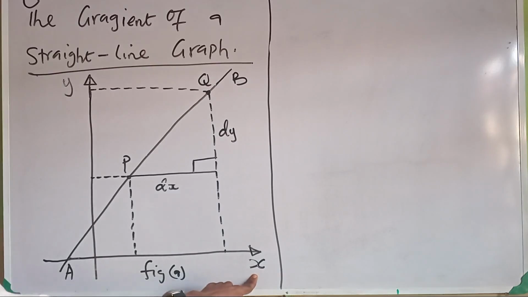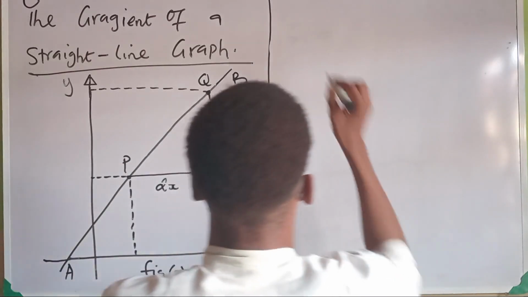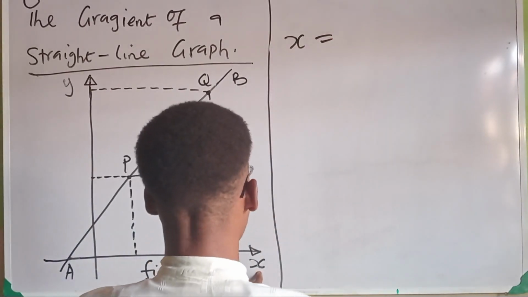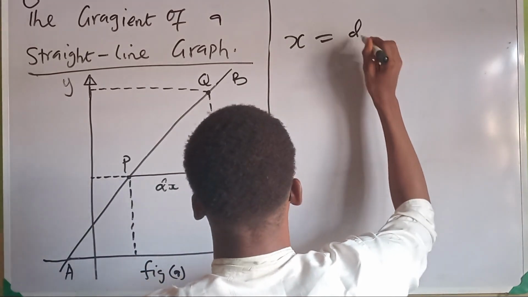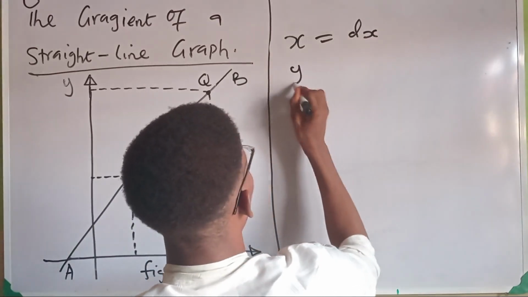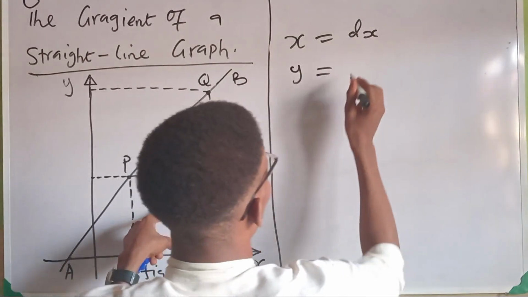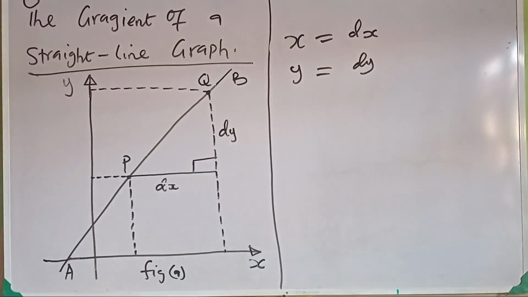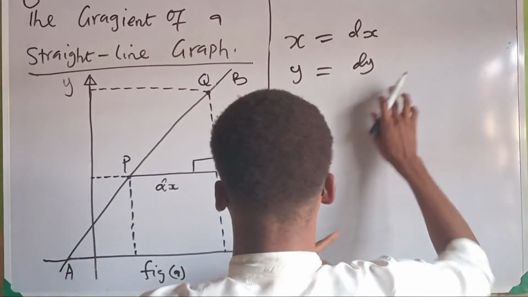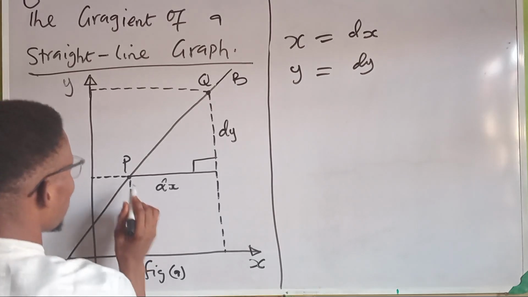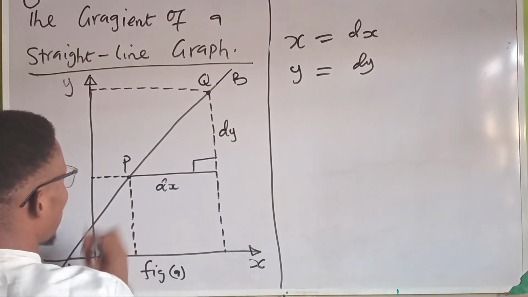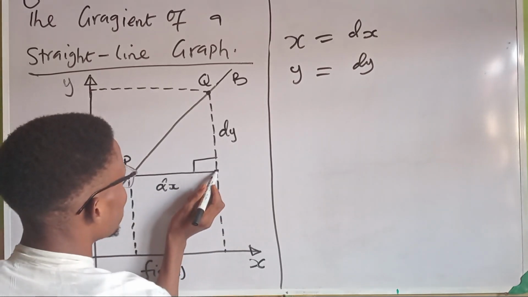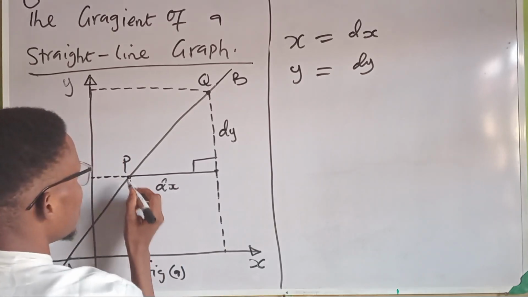The change at the x axis is known as dx, and the change at the y axis is known as dy. What do I mean? When you are evaluating the x and the y, the change will have a value here and another value here. The difference, which is the value here minus this value, is the dx.